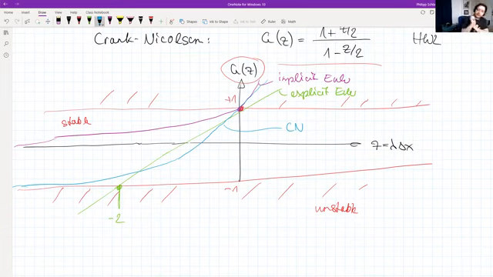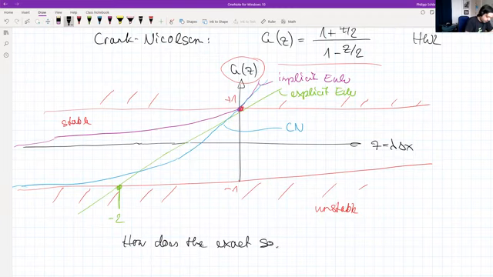If you think of a Z or a lambda which is very negative, for a lambda going to -infinity, this is very different. And now the question is, how does the exact solution look? Because that gives us an idea of what is actually the correct solution.